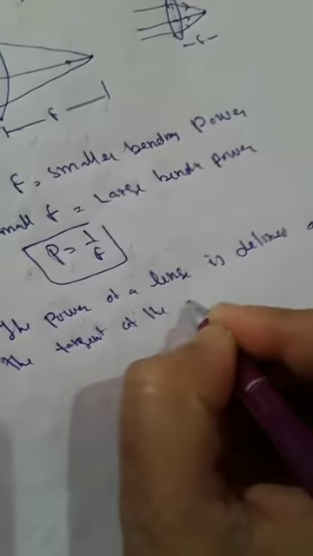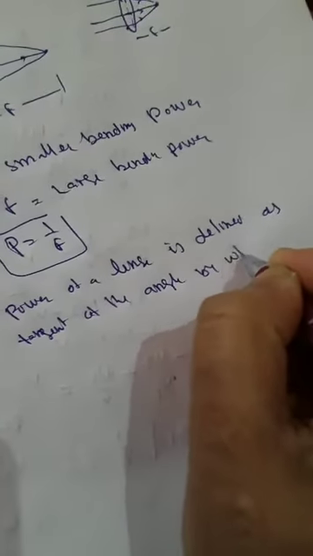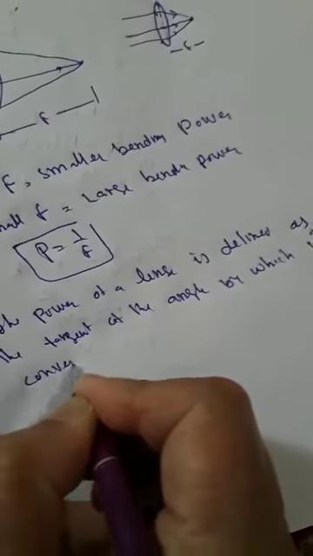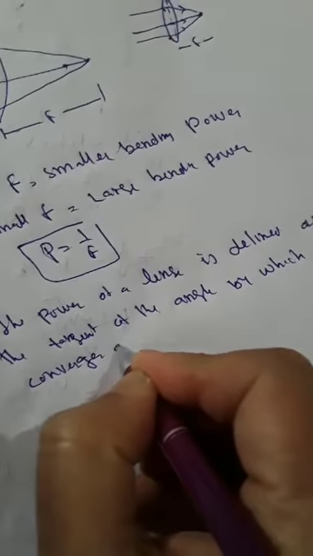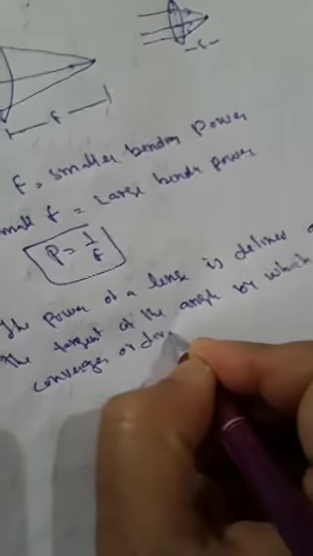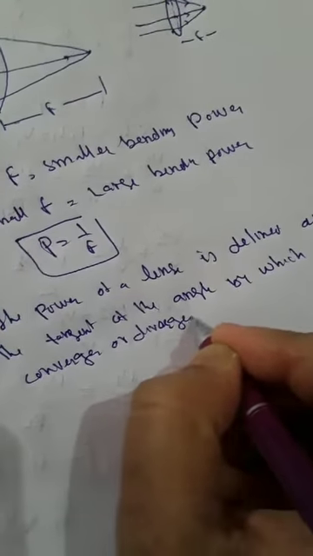of the angle by which it converges or diverges. In a concave lens, the light rays diverge.